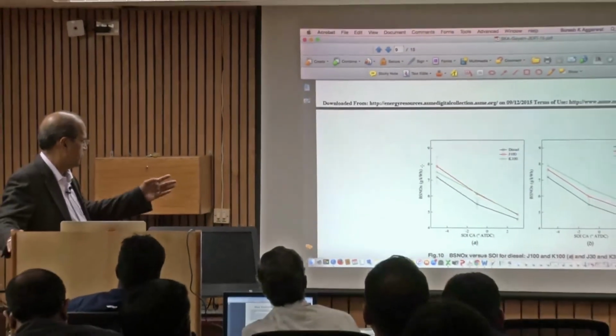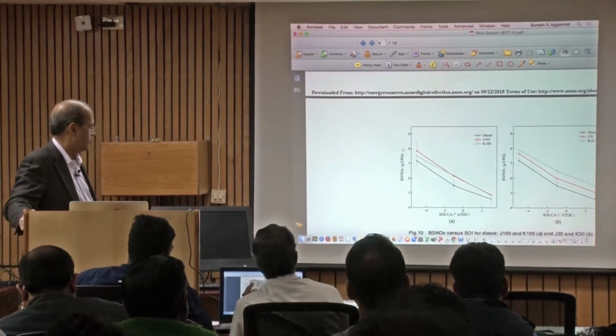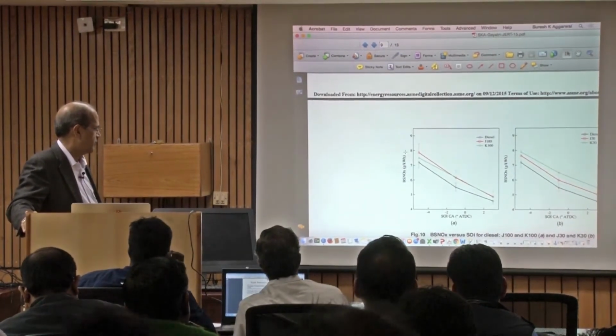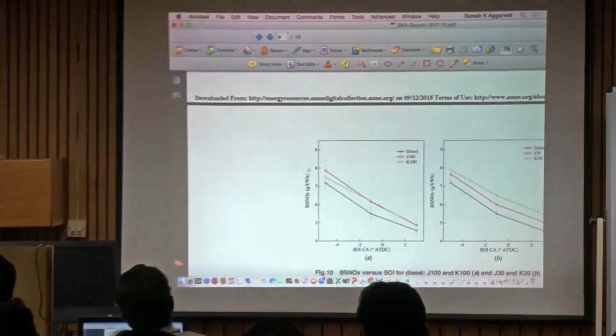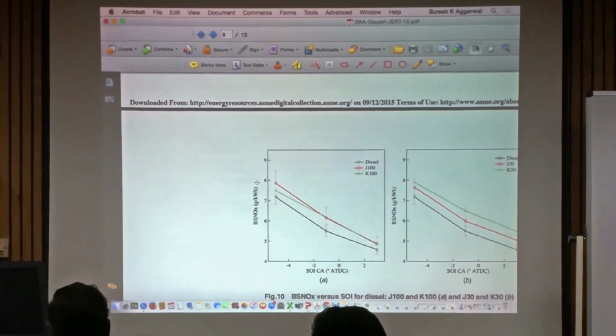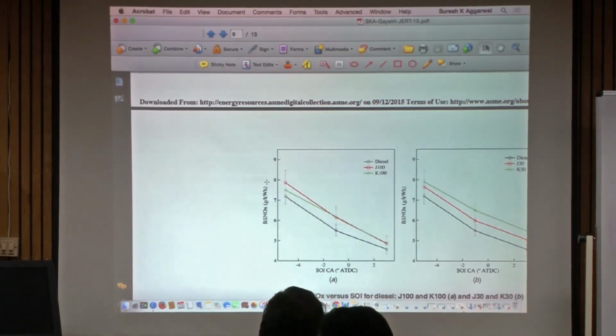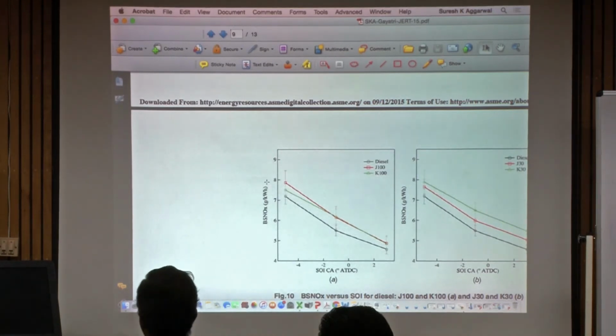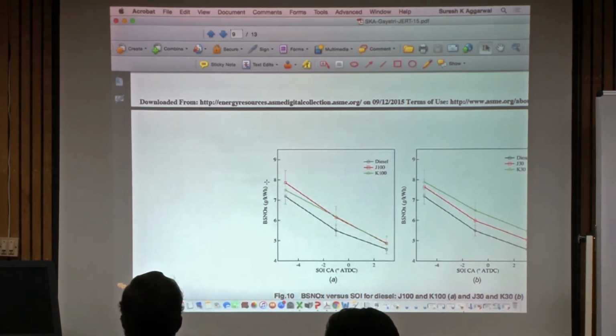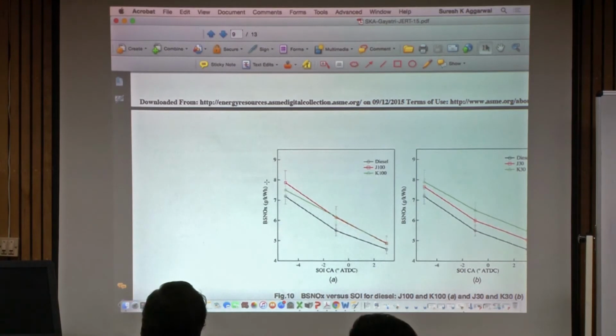This is how the NOx is reported, in grams per kilowatt hour. The data processing directly gives that value. You can see that it is higher with biodiesel, as you were saying also. But that may be part of the reason for the higher.